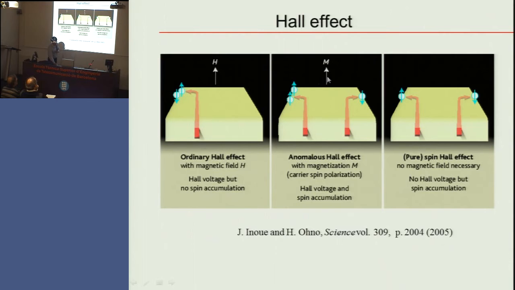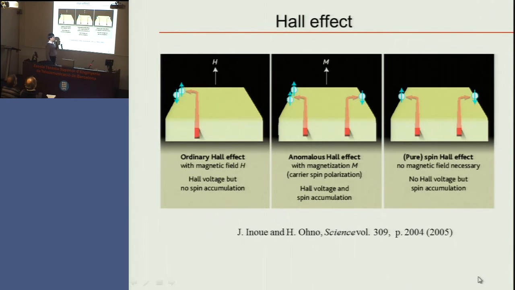However, the magnetization is aligned that way, which causes more charges to accumulate on one side than the other. This causes a transverse voltage like this, and it is called the anomalous Hall effect.